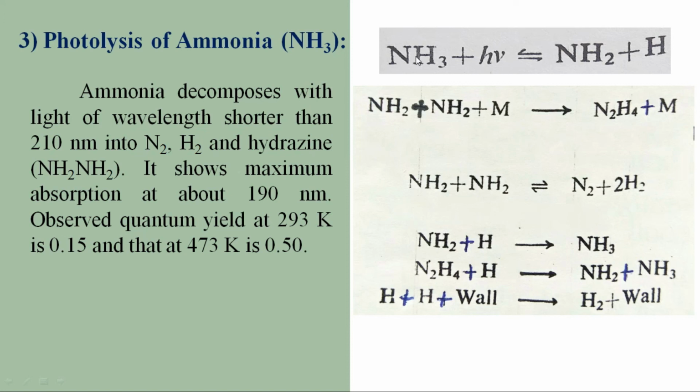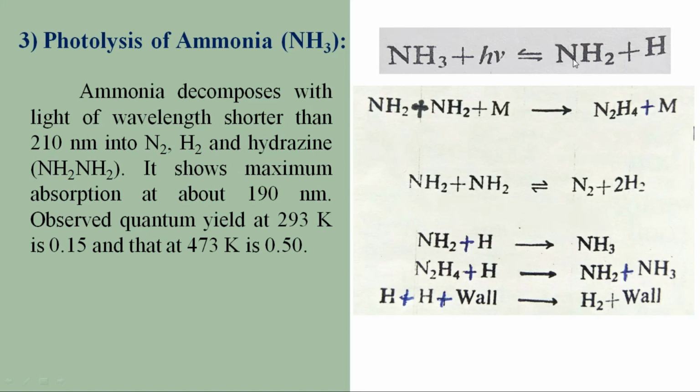The mechanism involved in this particular process is as shown on the screen. In the first step, the ammonia molecule absorbs the radiation and gets excited, and after excitation it splits into NH2 free radical and H free radical. The formed NH2 free radical and hydrogen free radical are both highly reactive.